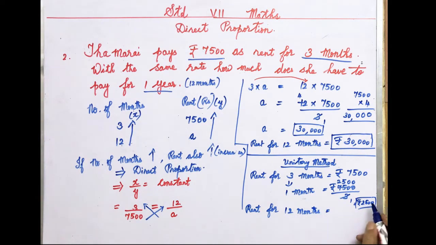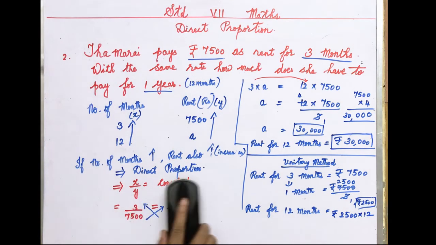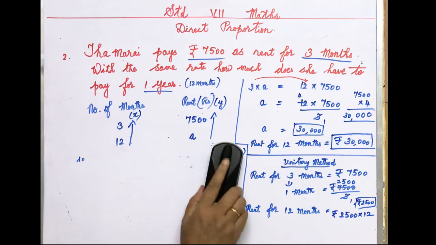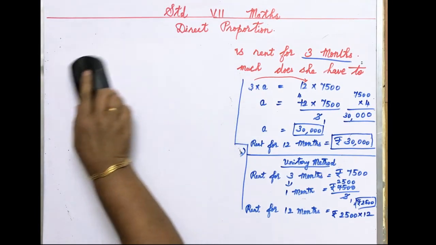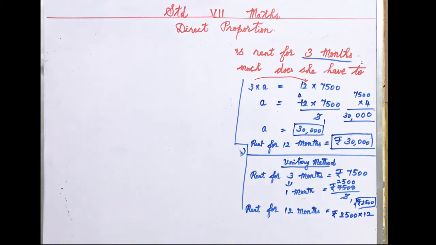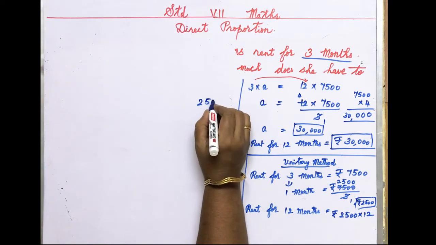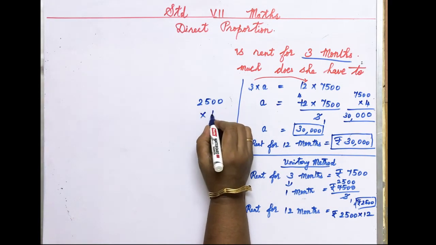What do we have to do now? For 1 month we know it is 2,500. For 12 months we have to multiply this 2,500 into 12. So 2,500 into 12.